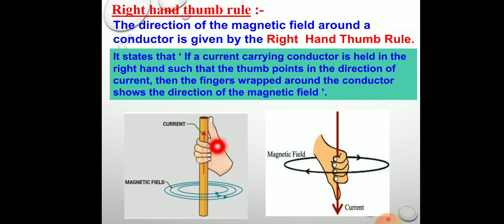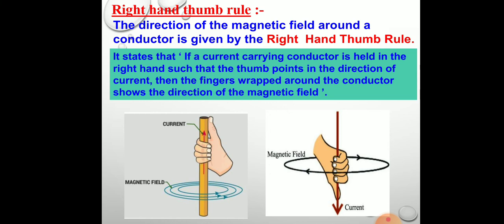In this case, the current is in the upward direction, so the magnetic field lines are in the anti-clockwise direction. Here the current is in the downward direction, and the magnetic field is in the clockwise direction. This is the observation you can make in this picture.